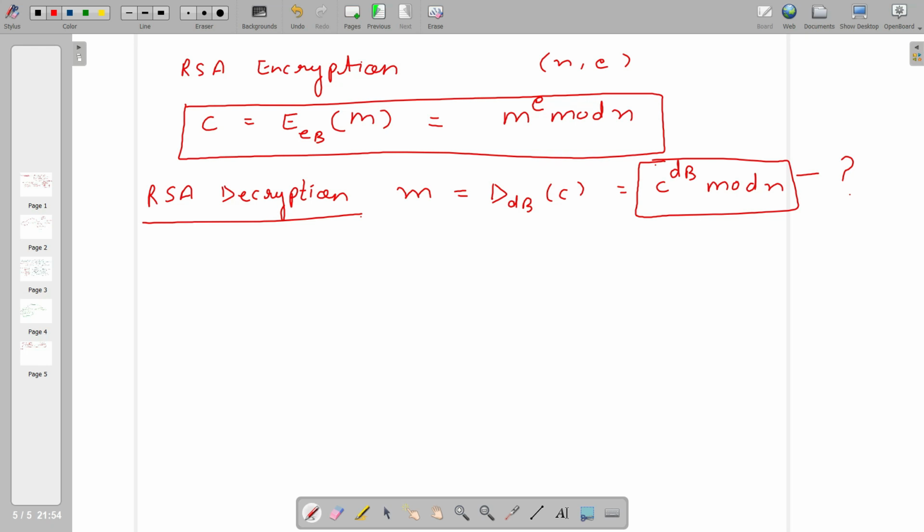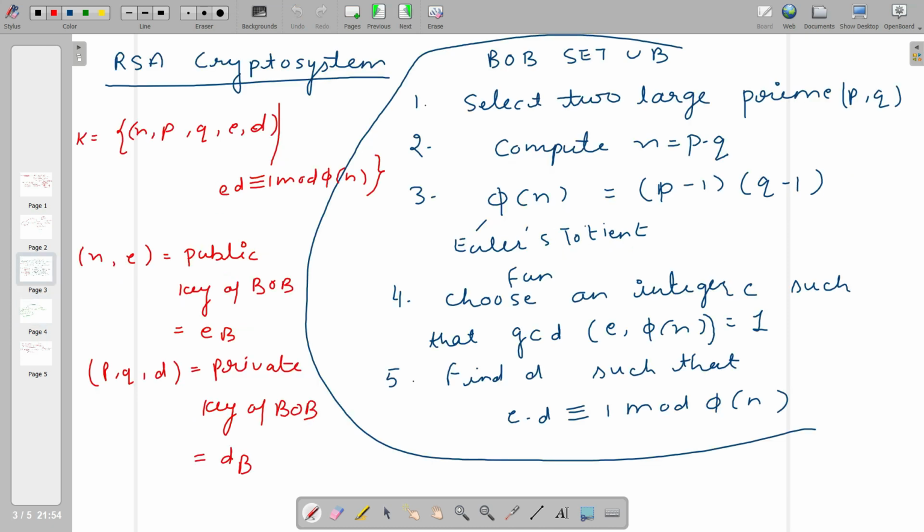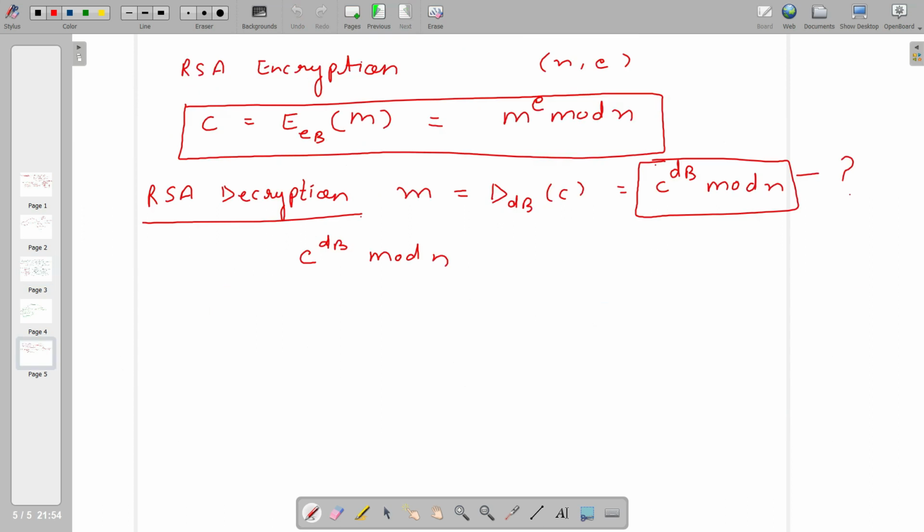So for example, let's say we have C to the power D_B mod n. What is this D_B? D_B is the private key of Bob, and the private key of Bob is D. So it means this is C to the power D mod n.